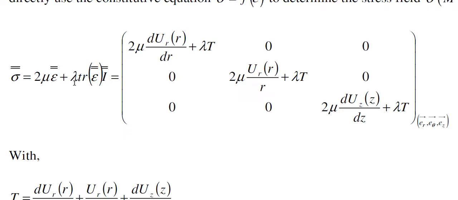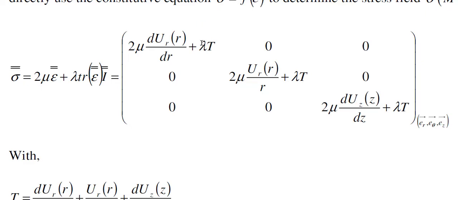Here mu and lambda represent the Lamé coefficients, and tr means the trace of the linearized deformation tensor epsilon, and I represents the identity tensor. As you see, the stress tensor is a diagonal tensor, so we have only normal stresses: the normal stress along the directions e_r, e_theta, and e_z.